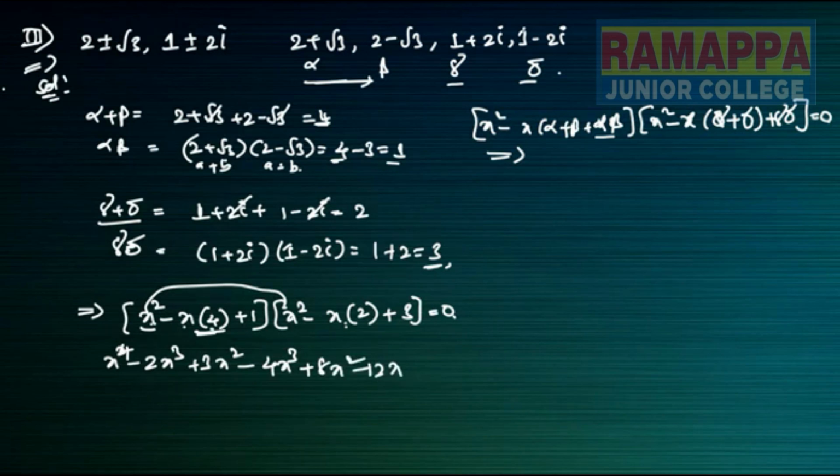Now 1 into x square, 1x square minus 2x plus 3 is equal to 0 will come. From this, x to the power of 4; minus 2x cube minus 4x cube is equal to minus 6x cube will come here; 3x square and 8x square, 11x square, and here 12x square will come.